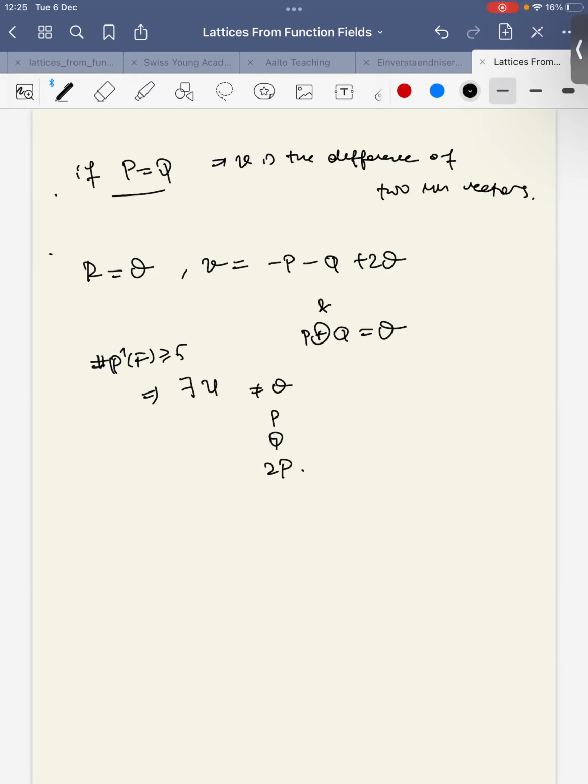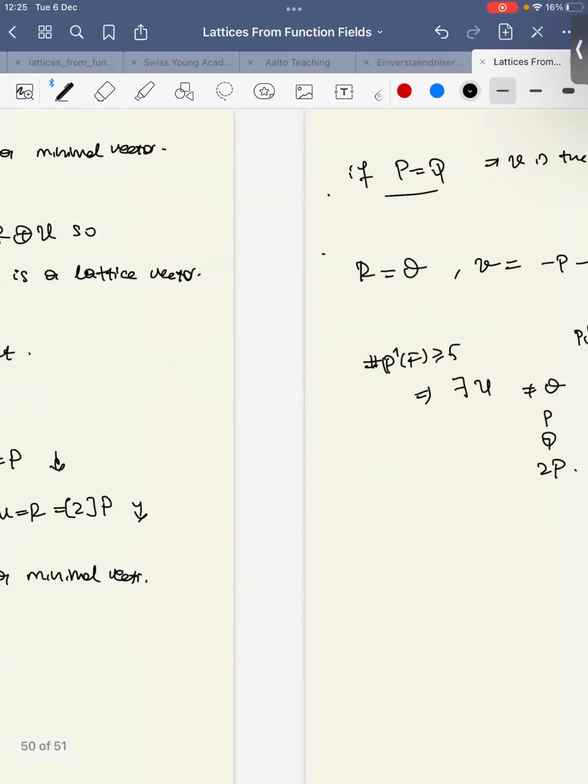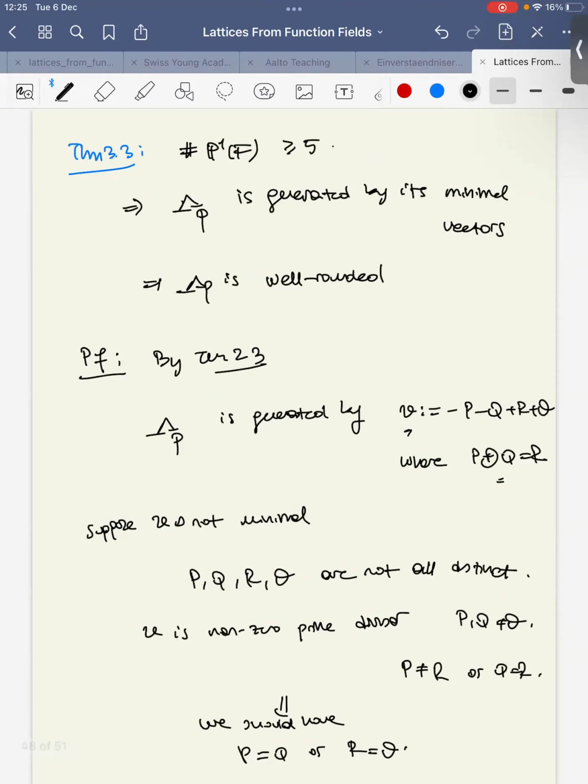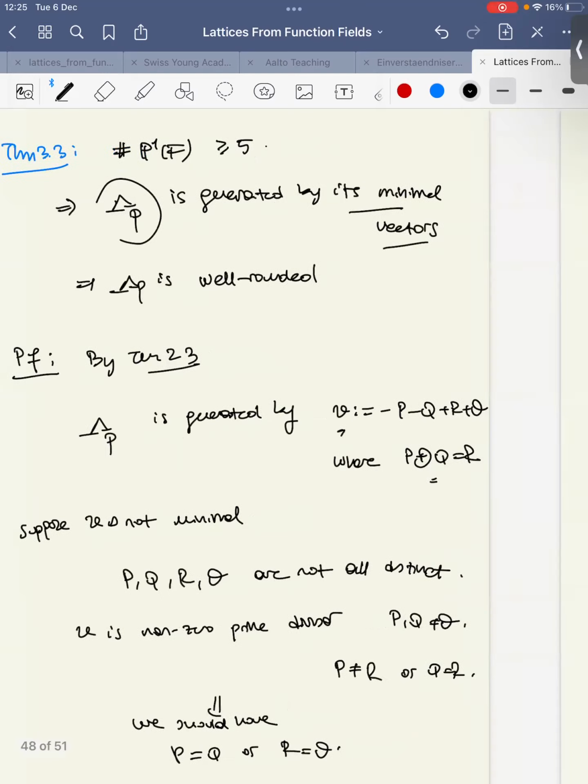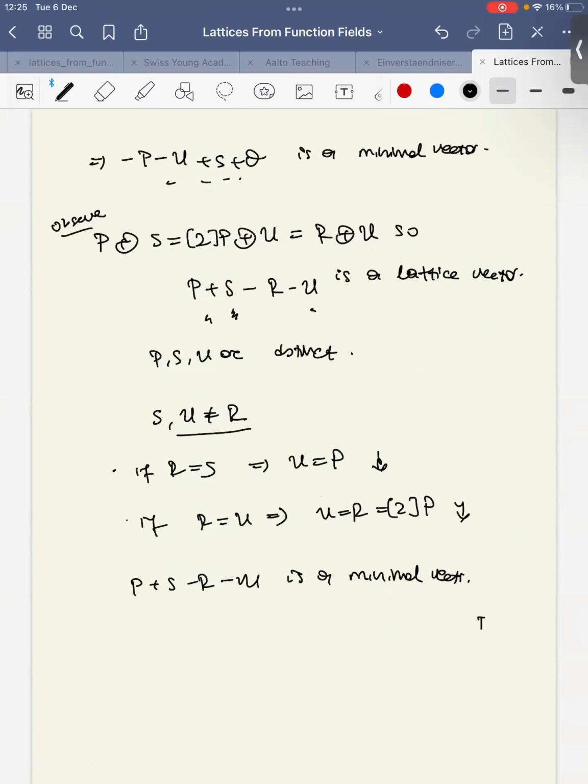By a similar setting, we can see that it can be written as the difference of two minimal vectors. So by showing that any vector can be written as a combination of two minimal vectors, obviously it is spanned by the minimal vectors, and automatically this is well-rounded.